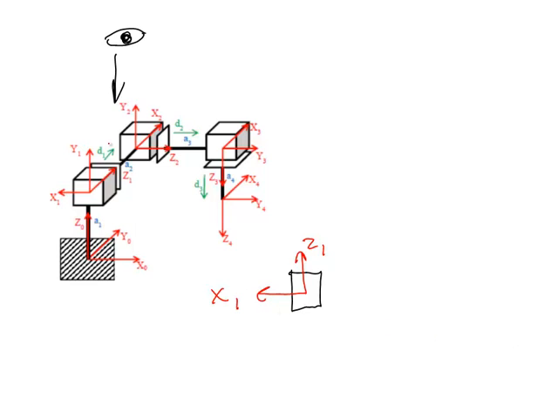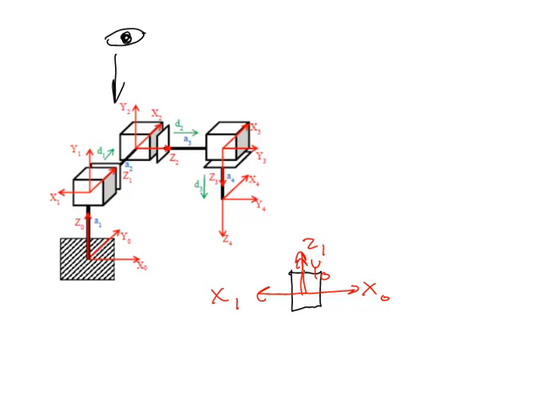Y1 will be invisible to us. However, we'll still be able to see some of the axes from the 0 frame. For example, we'll be able to see X0 pointing off to the right, and we'll be able to see Y0 pointing in the same direction as Z1.